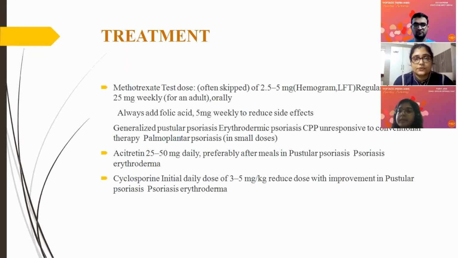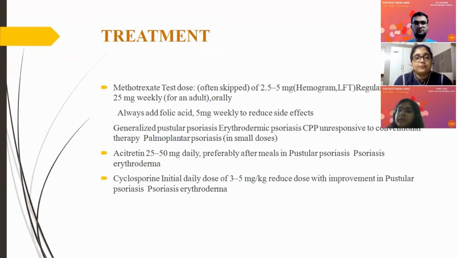Generalized pustular psoriasis or the erythrodermic psoriasis, chronic plaque psoriasis which are unresponsive to conventional therapy, palmoplantar psoriasis. In palmoplantar psoriasis, we can give methotrexate in small dose. So these are the indications where we use methotrexate.